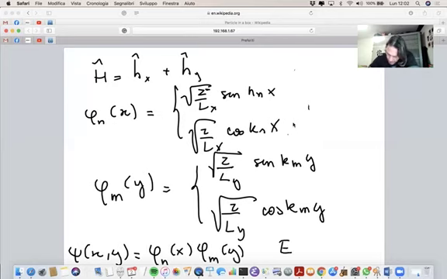And my total energy depends on two quantum numbers, because this is just h bar squared pi squared over L squared, and then I will get n squared plus m squared.